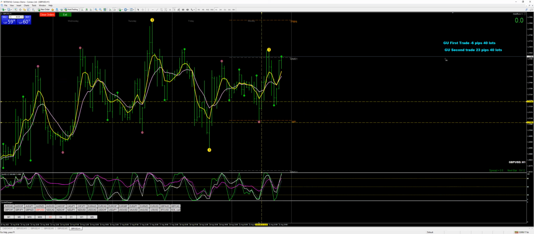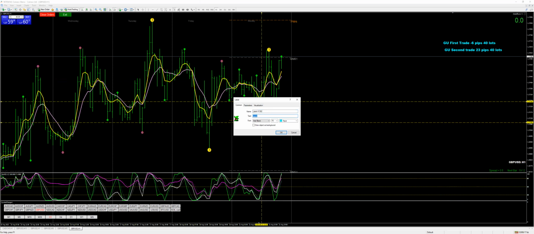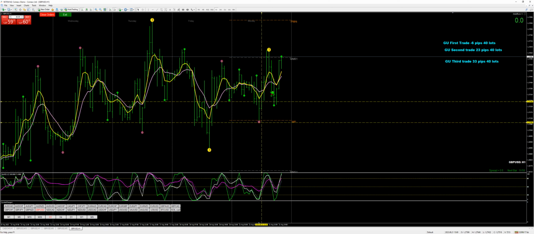So EU third trade, 33 pips, 40 lots. And similarly, if you just continue down, you got another trade here on this bar, and then another trade here on this. Okay, so let's say these were our totals.